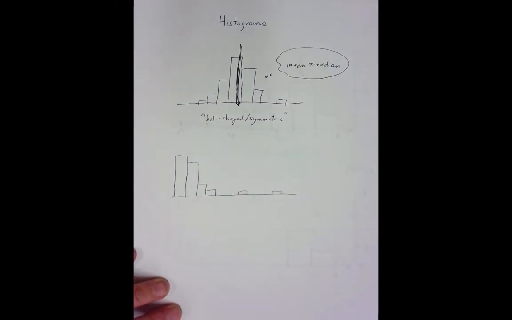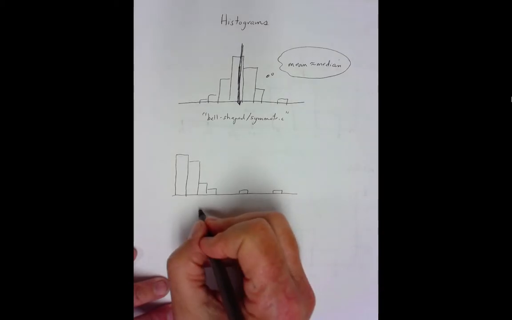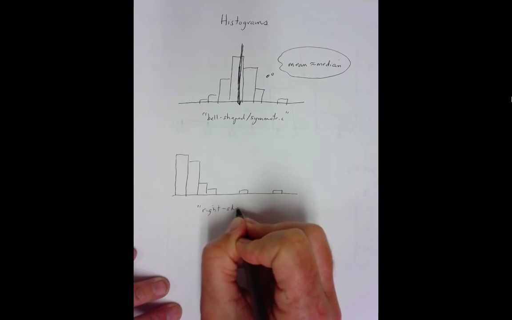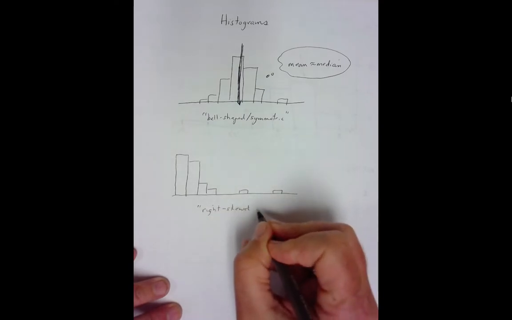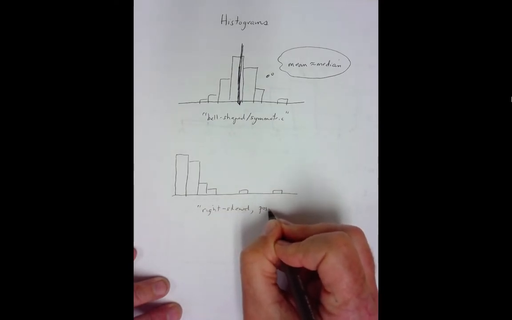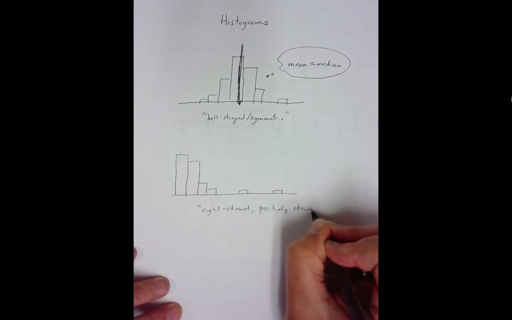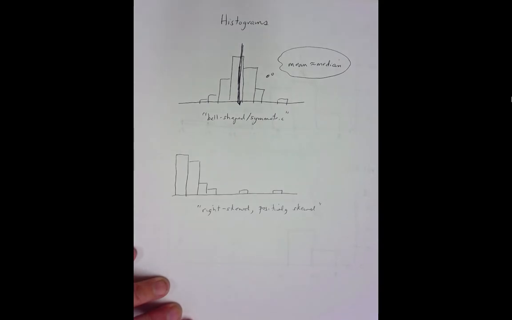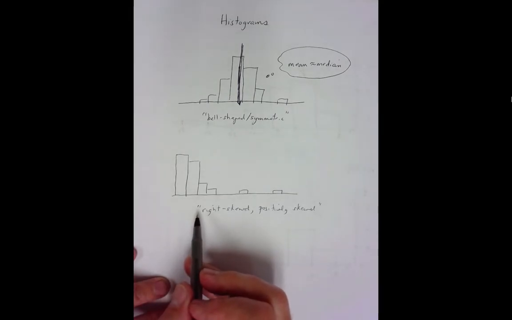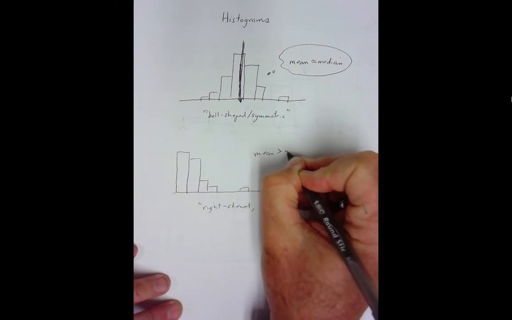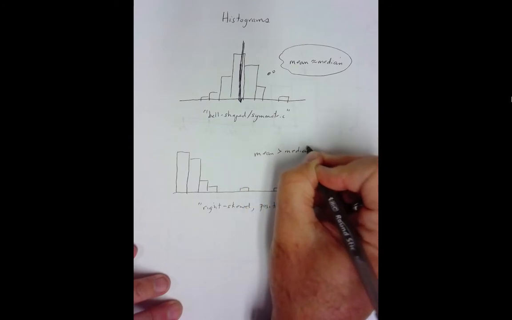Another type of distribution that we run into a lot is something that looks like this. This is called a right skewed, and sometimes called a positively skewed distribution. Now, the characteristic of this type of distribution is that your mean is going to be significantly higher than your median.